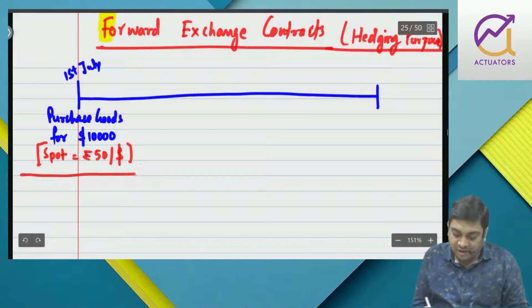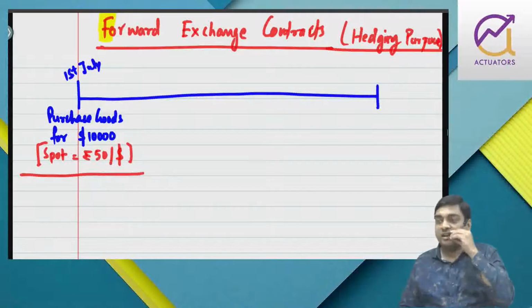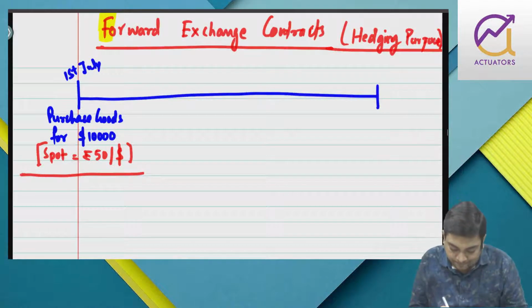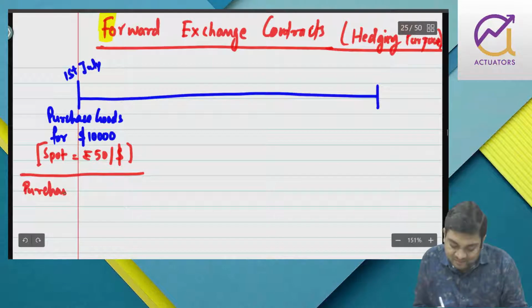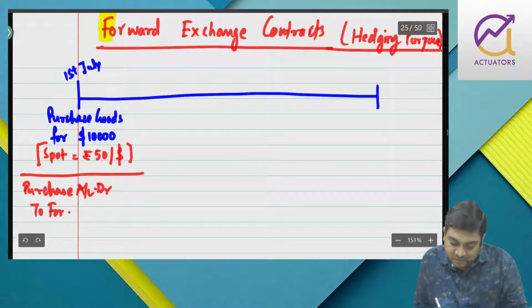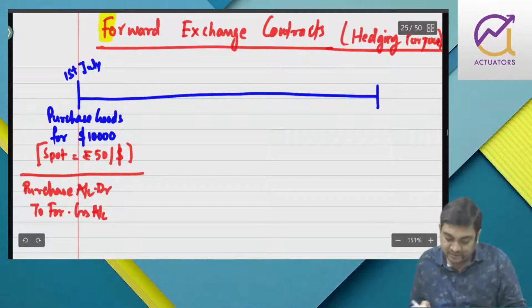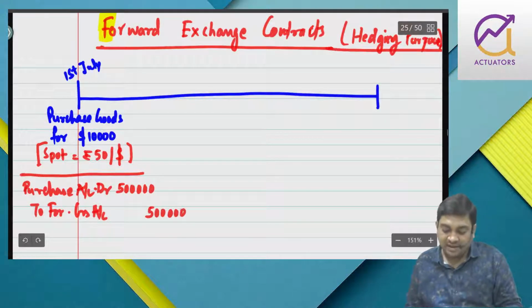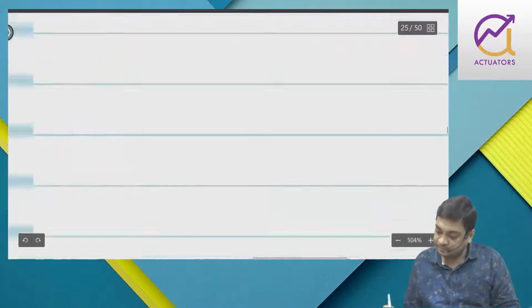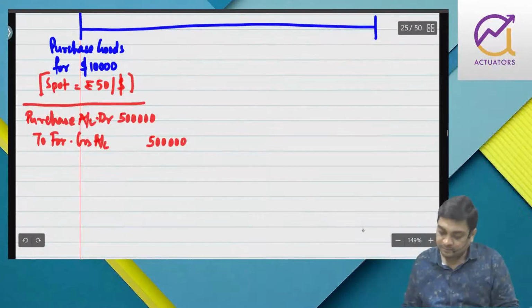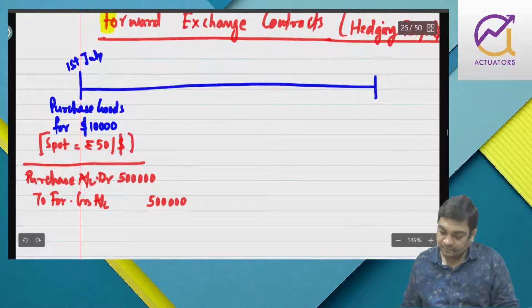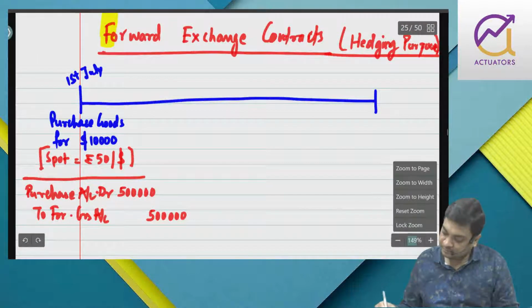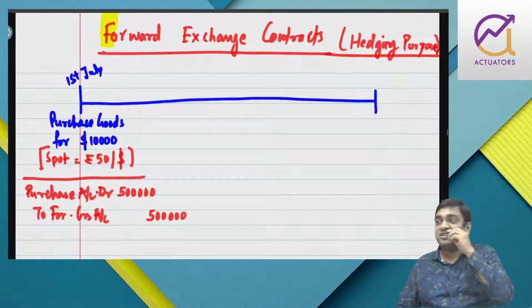So what is the initial recognition? Foreign creditors 5 lakh. Is that fine? This is my initial recognition.